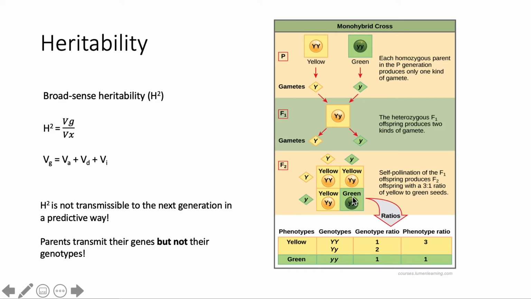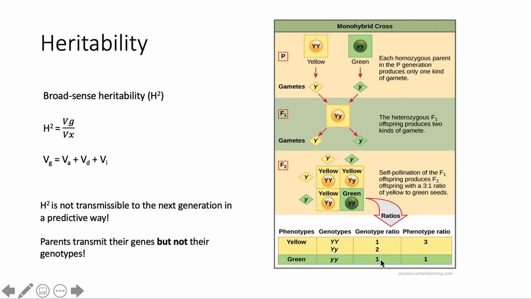The issue with that is that the phenotypic ratio is 3:1. As you can see, 75% of the phenotypes are yellow and just 25% are green, but the genotypic ratio is different, it's 1:2:1.